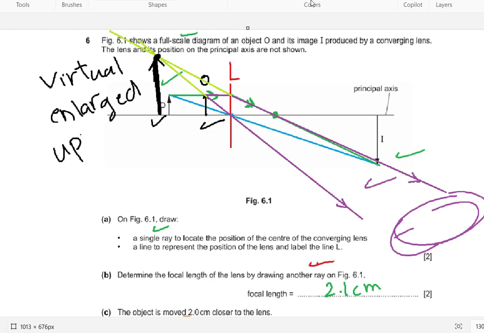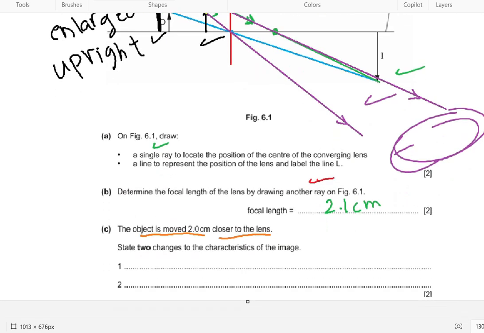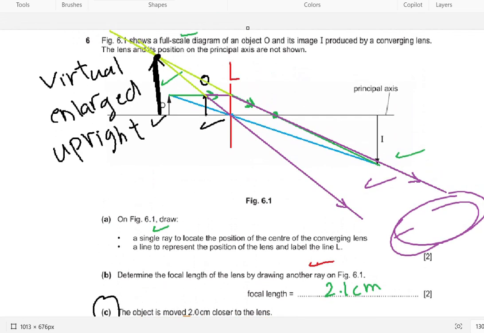It's not inverted, it is upright. I hope it's clear. So this is the answer of this question of C. So it is virtual and upright, and also enlarged. So these are questions 4, 5, 6 of this paper.